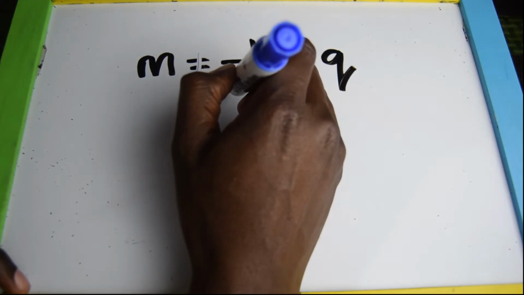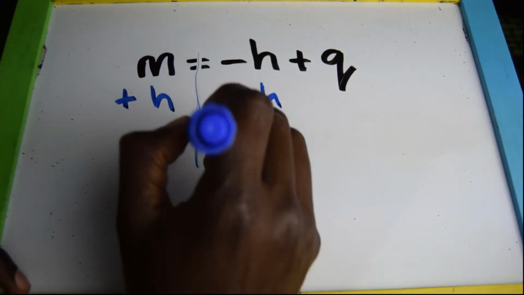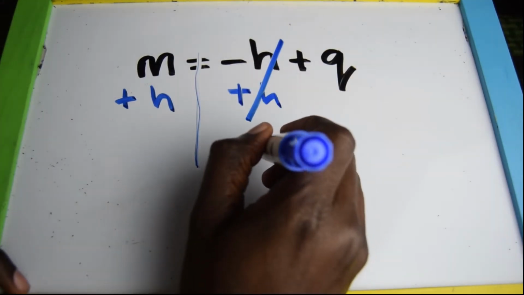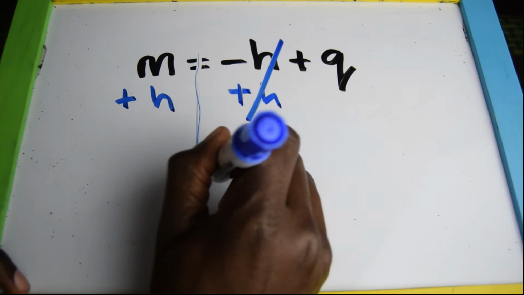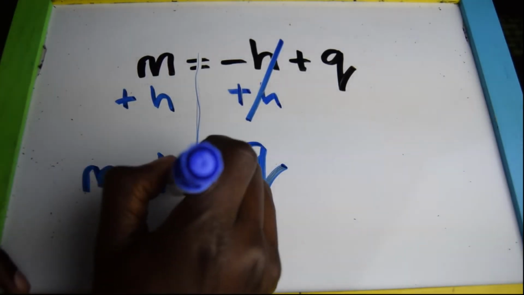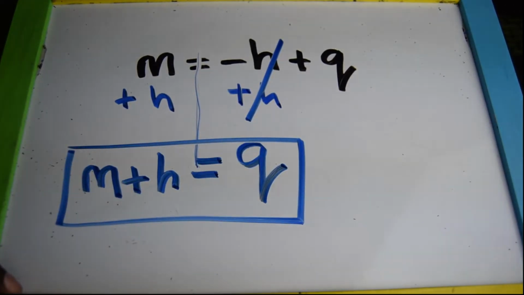So the opposite operation is plus h on both sides. This cancels out, and then I have q on this side equal to m plus h. And this is your answer. Does it make sense? Good.